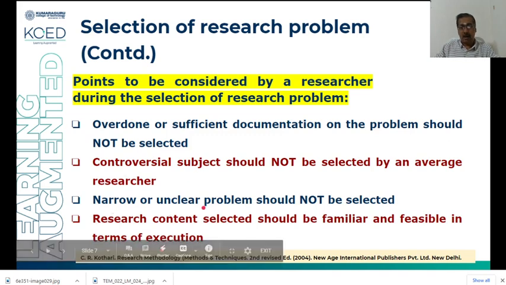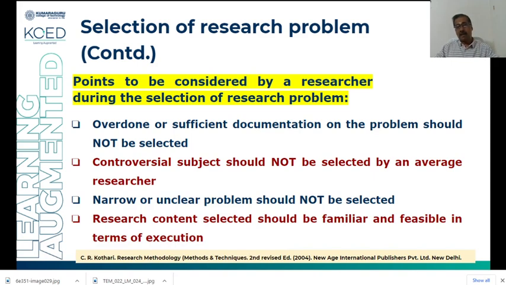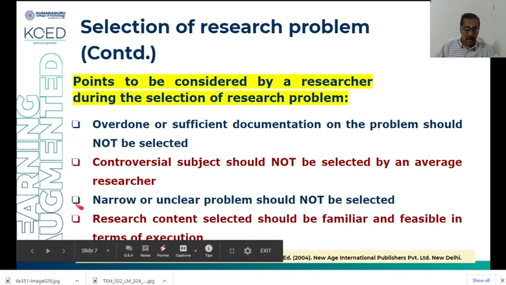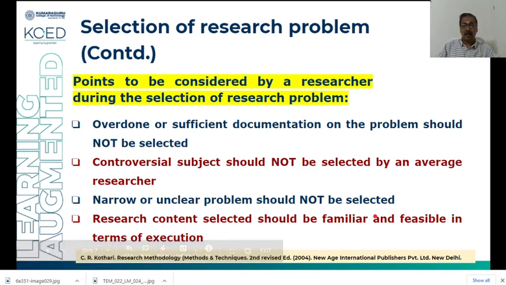Narrow or unclear problem. Again, you can take the same issue. I don't know whether Helicobacter pylori is going to create a gastric ulcer or not. If I want to make a very concrete solution, I have to work for another 15 to 20 years. It's a big project, right? So a narrow, unclear, partial problem should not be selected, and the content should be very familiar and feasible in terms of execution.